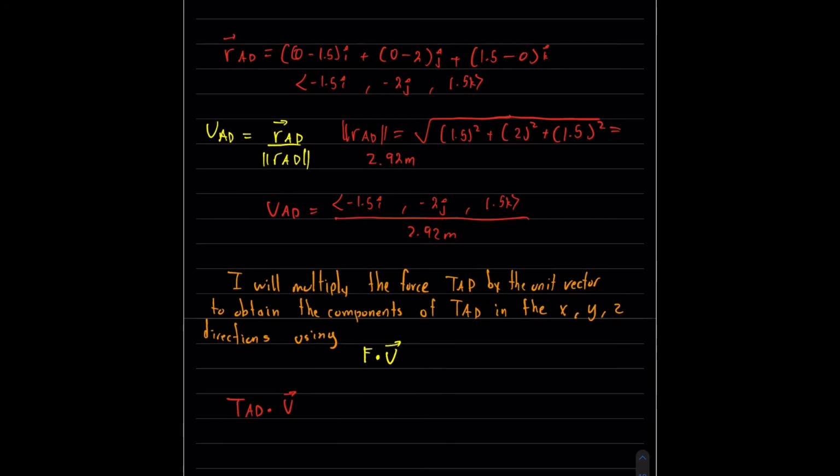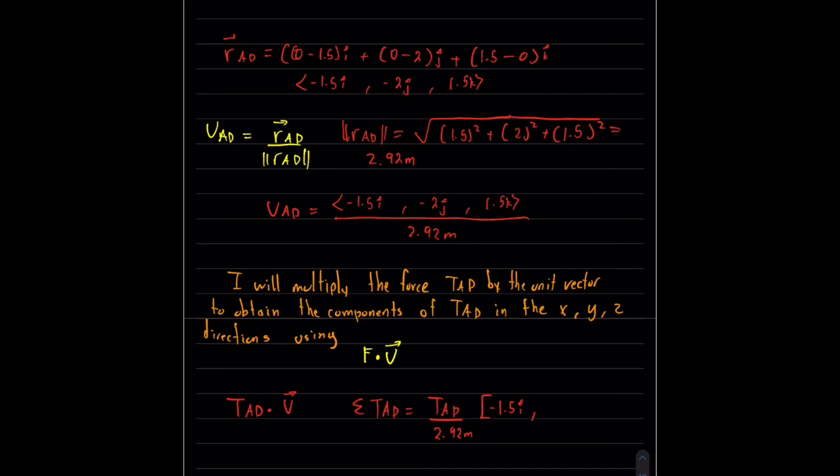Now, that's going to look like tension AD over the magnitude of the position, which is 2.92 meters, and I have negative 1.5 meters in the I. Just take the units off.